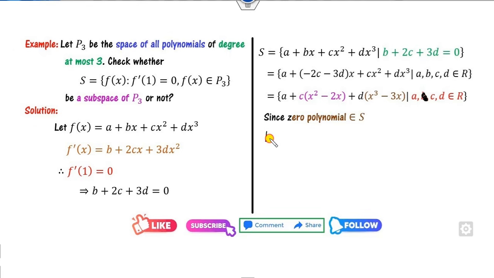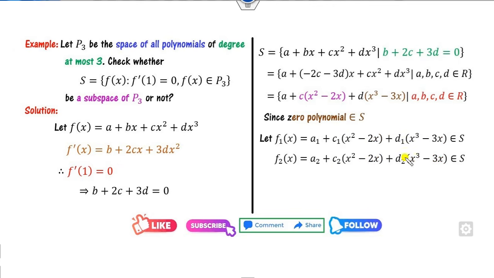Now take two polynomials, f1(x), f2(x). What is f1(x)? I can write it as a1 plus c1 of x square minus 2x plus d1 of x cube minus 3x. Similarly for this, a2 plus c2 and so on.